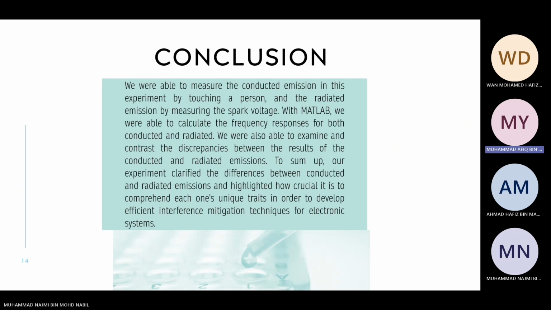We're also able to examine and contrast the discrepancies between the results of the conductor and radiator emission. In summary, our experiment clarified the difference between conductor and radiator emission and highlights how crucial it is to comprehend each one's unique traits in order to develop efficient interference mitigation techniques for electronic systems.